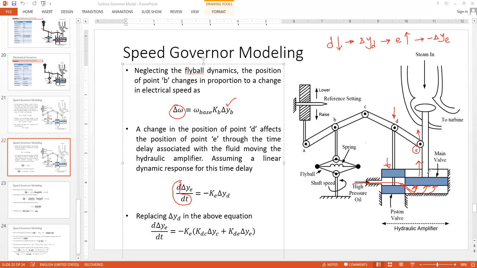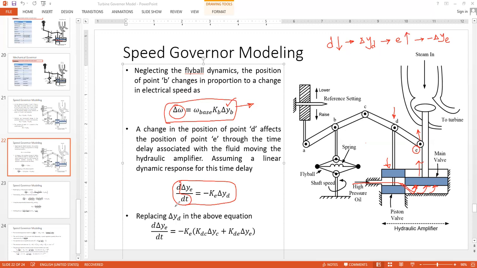So it will take some time. It will not be a steady state or algebraic relationship. Rather, it will be a dynamic relationship because of the time required for the change.